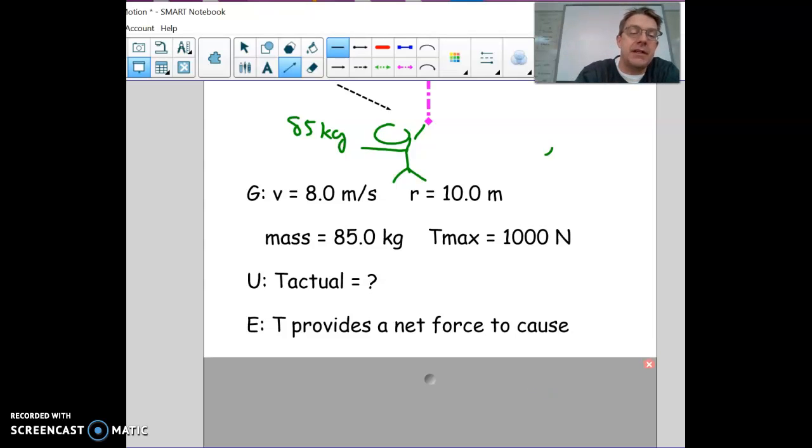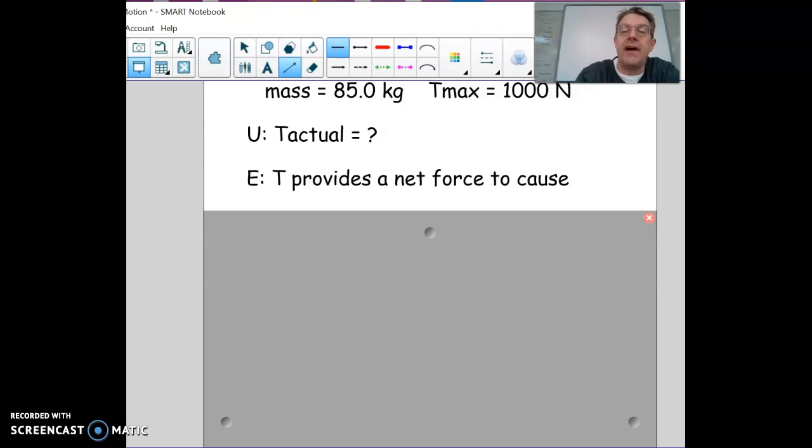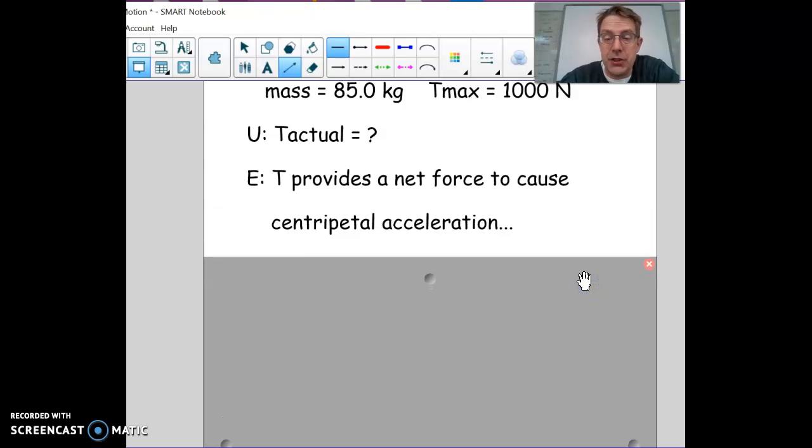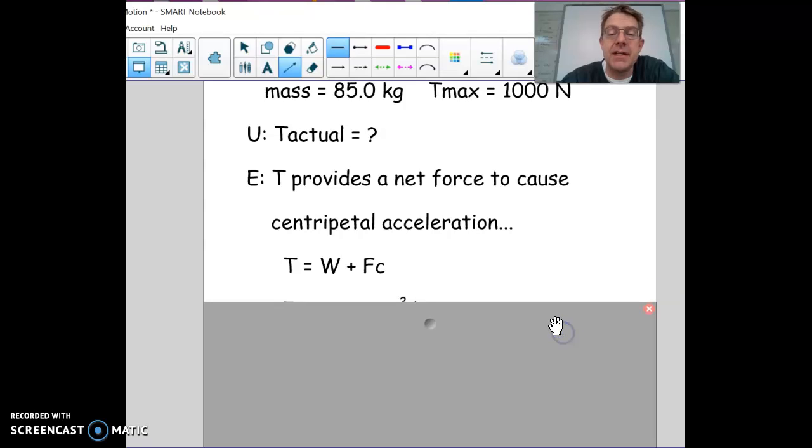So we've got to remember that tension is what is going to be providing that net force, which allows that centripetal acceleration. So in this case, I just kind of reverse this a little bit. My tension is going to equal my weight plus my centripetal force necessary.